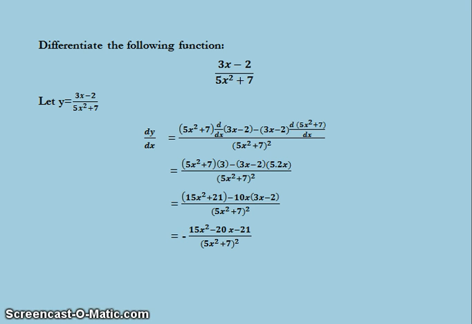On simplification this gives us (-15x^2 + 20x + 21) whole divided by (5x^2 + 7) whole to power 2. Thus, by differentiating (3x - 2) divided by (5x^2 + 7), we have the derivative of y with respect to x as (-15x^2 + 20x + 21) whole divided by (5x^2 + 7) whole to power 2.